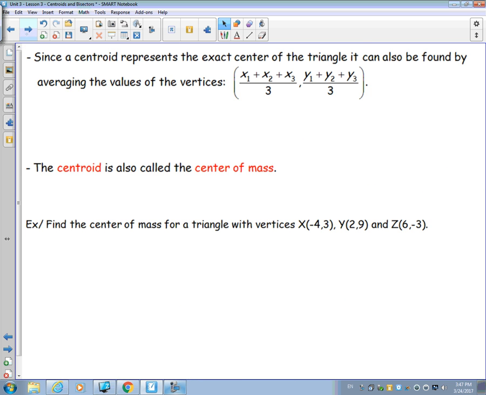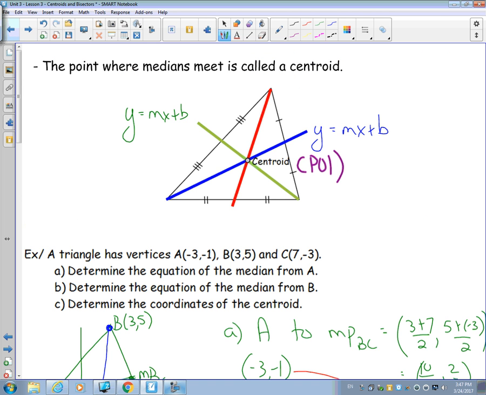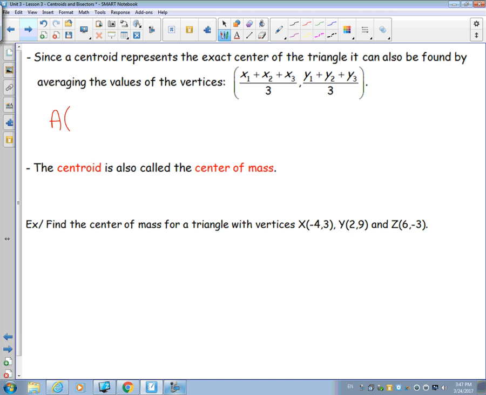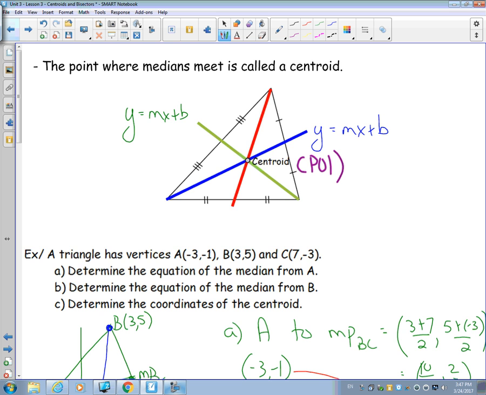Okay, so here's our big idea. x1 plus x2 plus x3 divided by 3. Same thing for the y's, divided by 3. And we could check it for the last one, just to prove it. Okay, what were our coordinates? If we go back for a second, we had A, (-3, -1). We had B, sorry, (3, 5).